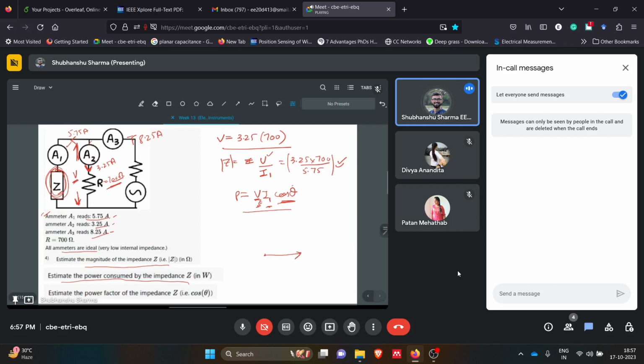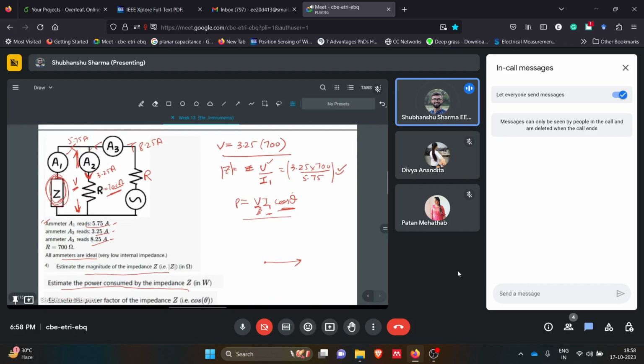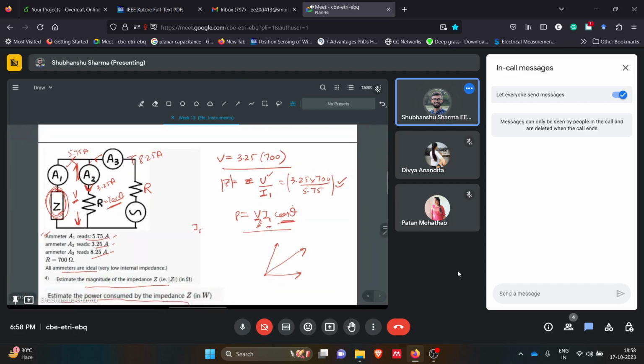So how will the phasor look? This is a pure resistance, this is R. This A2 is going here, A3 is coming from here. So I3 equals I1 plus I2 as phasors.